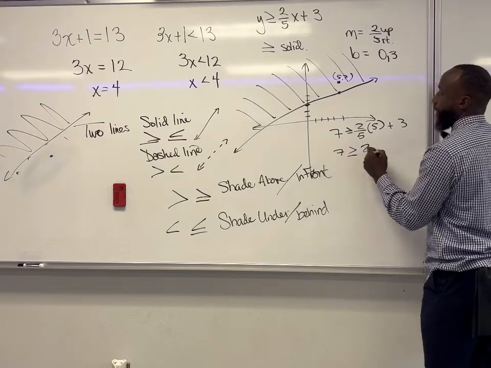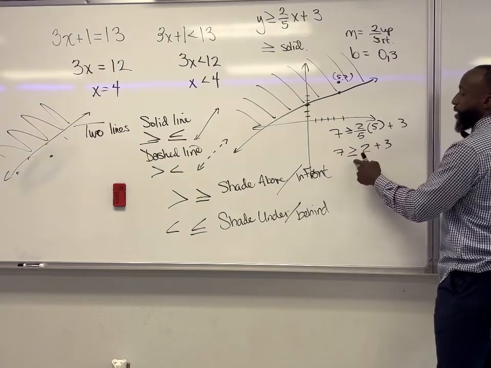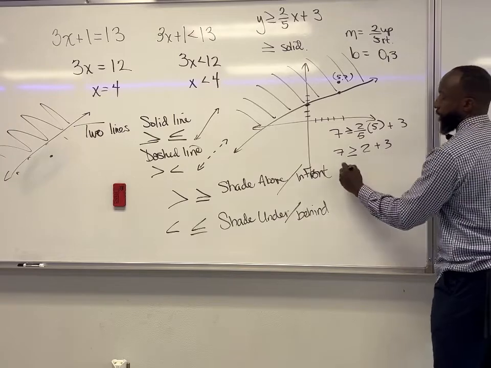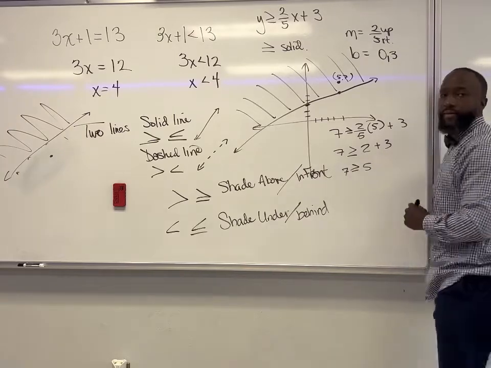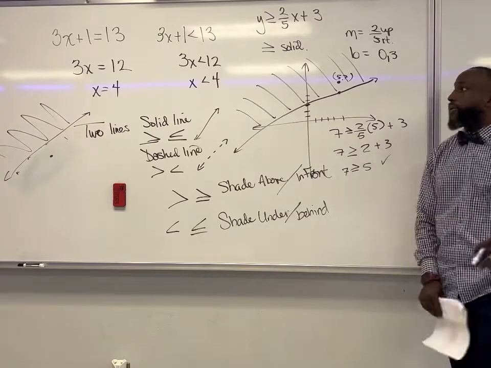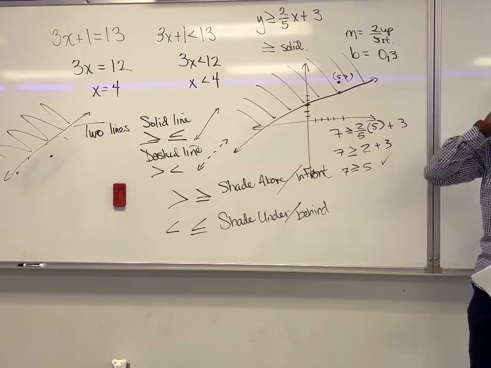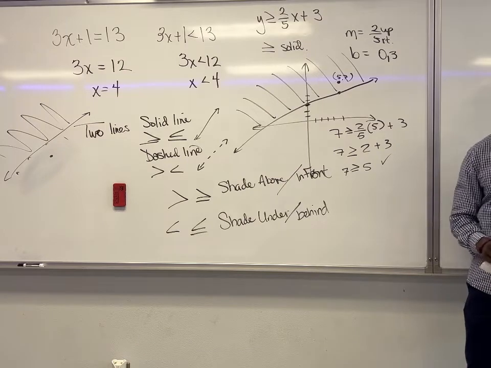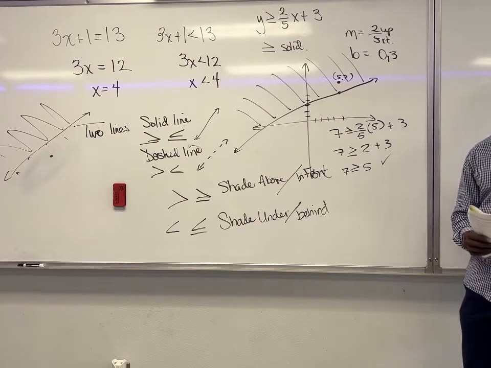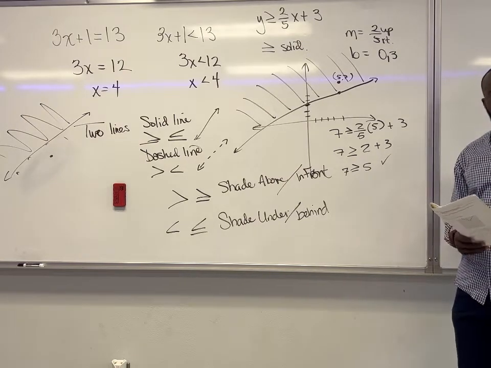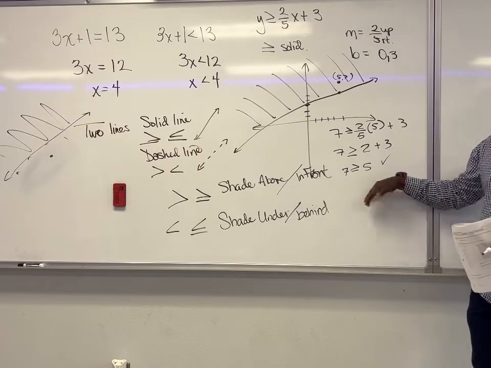So then it would be 7 is greater than or equal to 2 plus 3. Is 7 greater than or equal to 5? Yes. So that checks to be true. Okay? Everybody see what's going on? Do y'all remember how this goes? All right, cool. So that's one example.